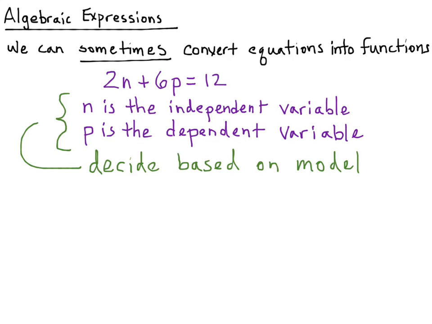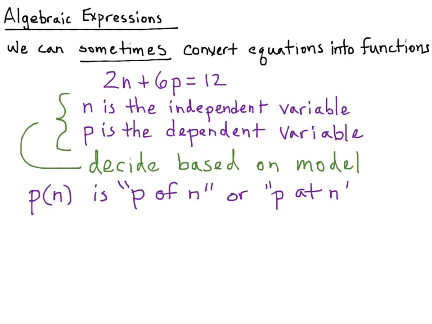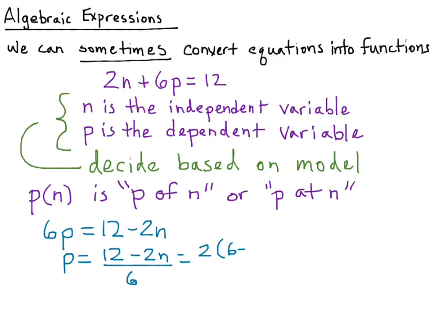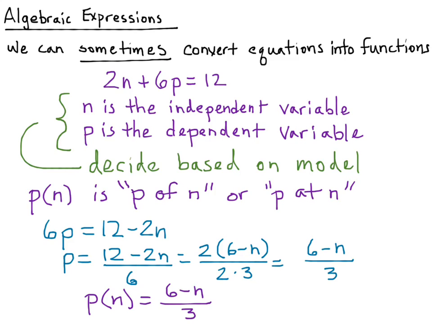There may be a perfectly good reason why you want to define it the other way around, but we choose in this case to make n the independent variable. And so p of n is the way we would notate that function, and the way we would get to the function would be to solve basically for p. Then instead of p being a variable, we can make p a function.